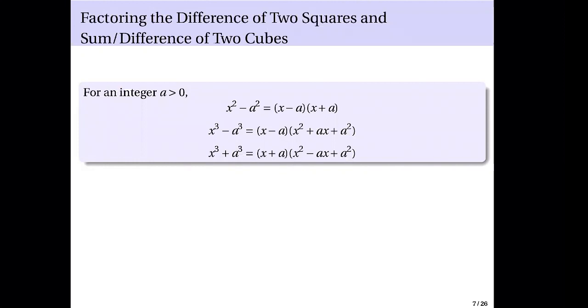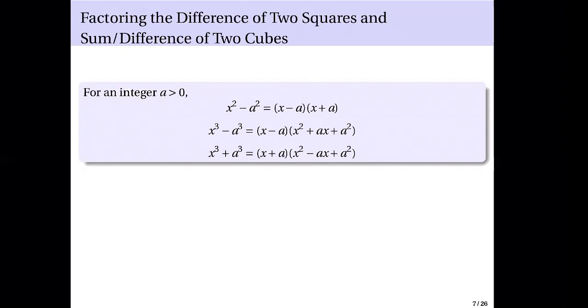The difference is, if you have minus here, you get x minus a, and then the other factor has both plus. And then you reverse it if you have x cubed plus a cubed. So here you have plus, and then for the other factor, you have alternating signs, plus, minus, plus.